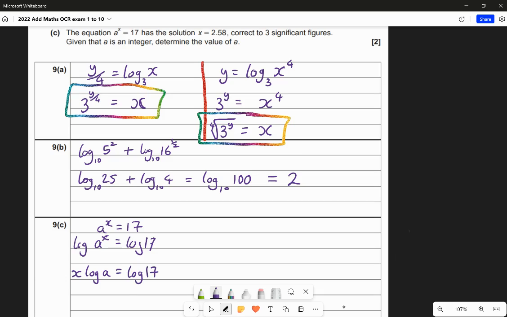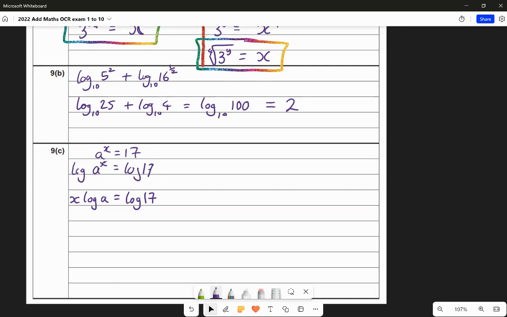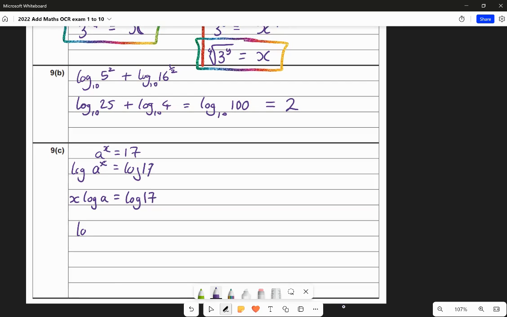So log a, because a is what I want to find, log a is log 17 divided by x. And to find a, all I need to do is do 10 to the power of both sides.